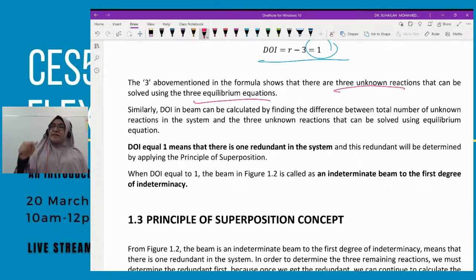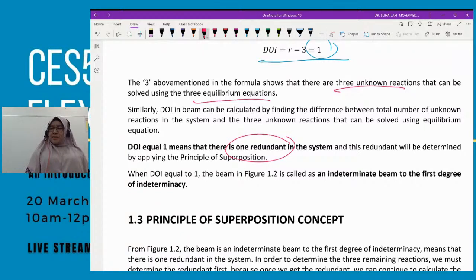That is the definition of 3 in the formula. Okay, DOI equal to 1 means there is one redundant.